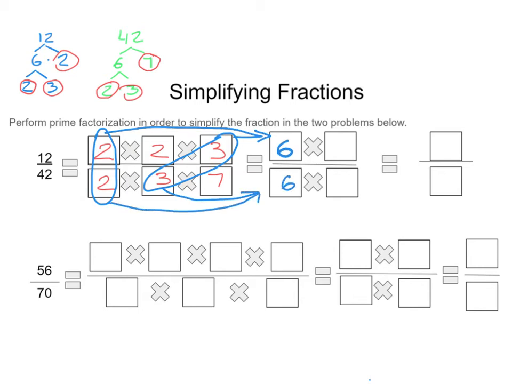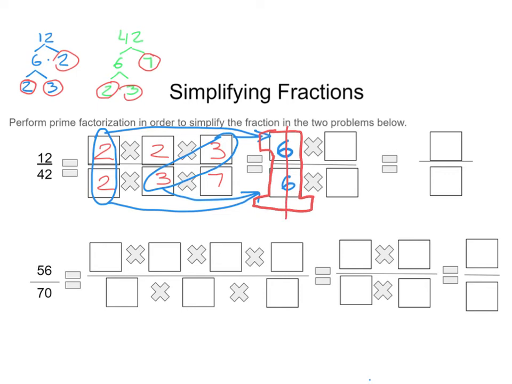If I would not get 6 over 6 here, I would not have giant 1. So this has to be the same number in the top, the numerator, and the bottom. So this is giant 1, because 6 divided by 6 is 1. I can eliminate this. 6 divided by 6 is 1.